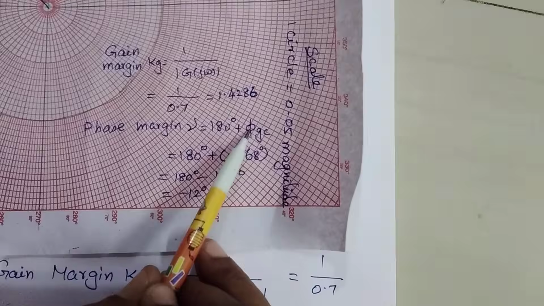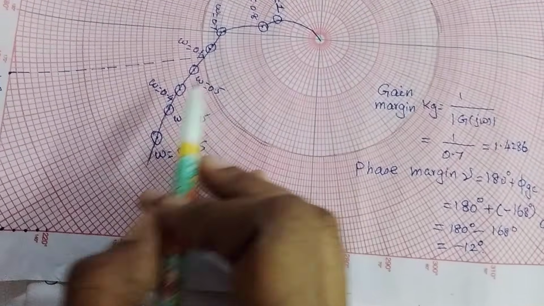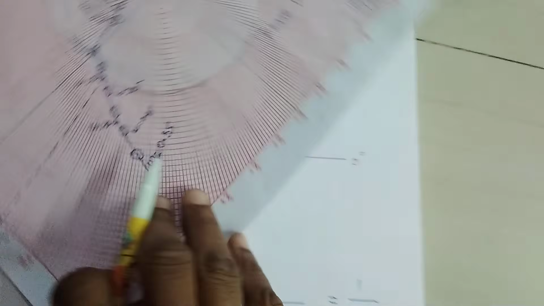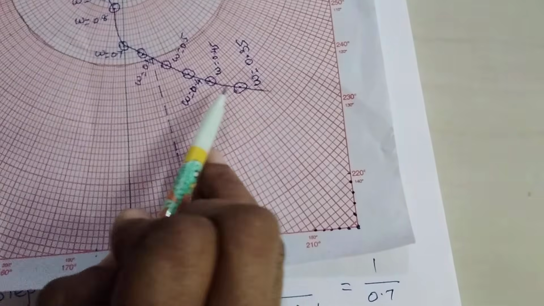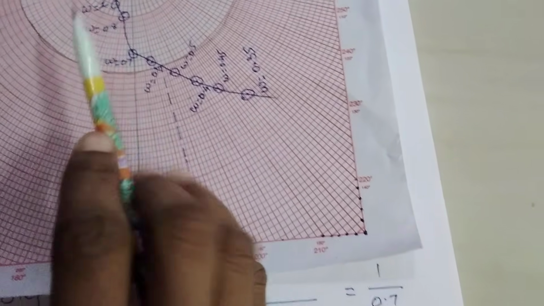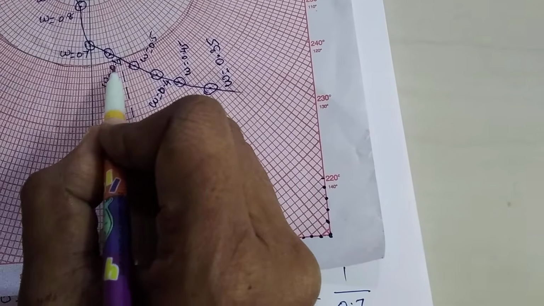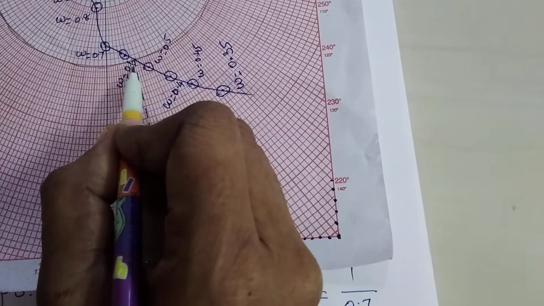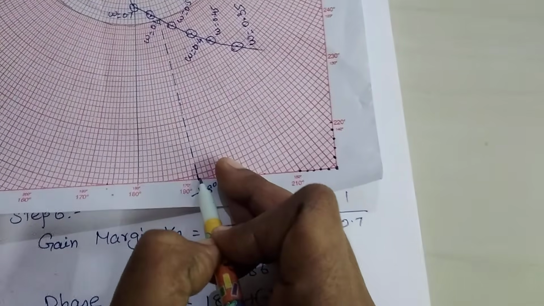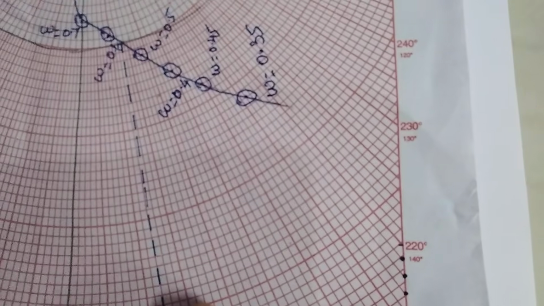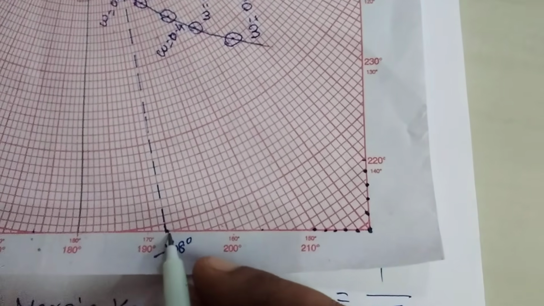What do you mean by gain crossover frequency? At what value it crosses the unity circle. See here, in the unity circle all the graphs were drawn freehand. This particular point crosses the unity circle. So you make a point and trace the radial line to find the corresponding angle here.